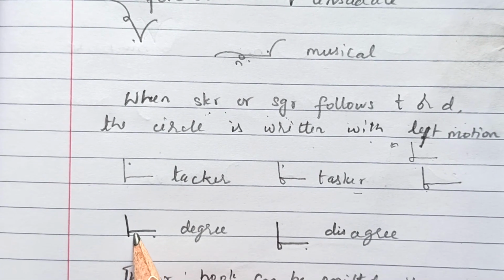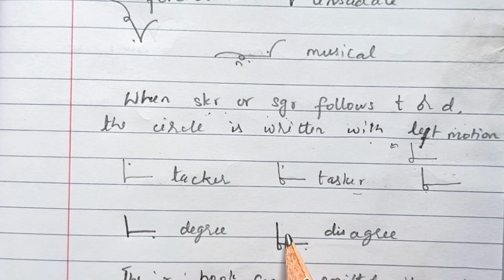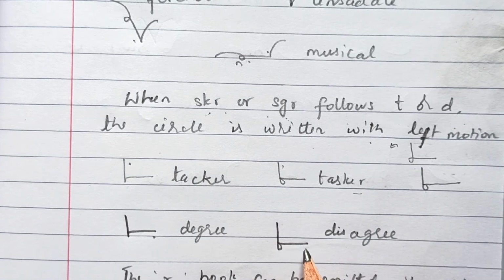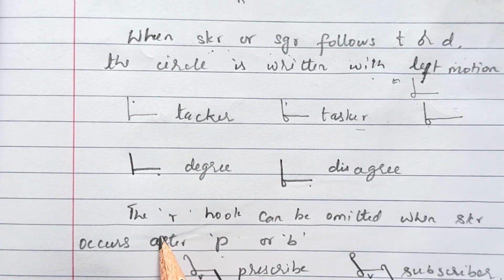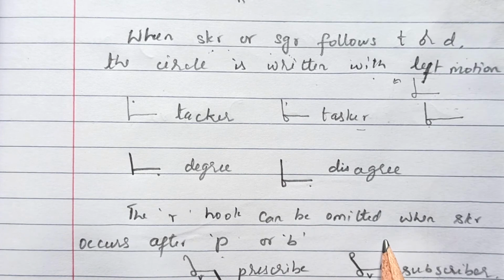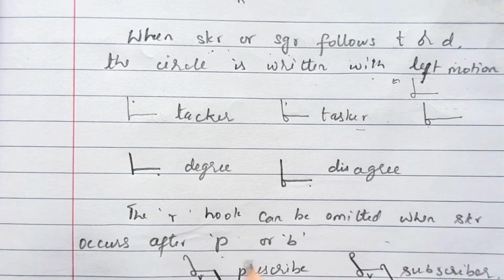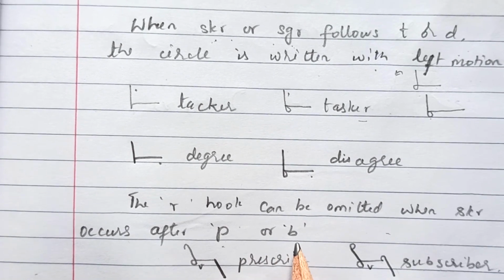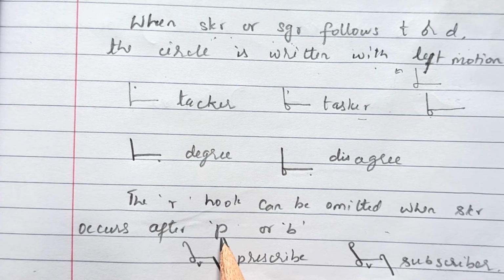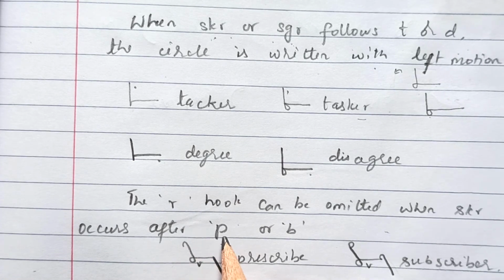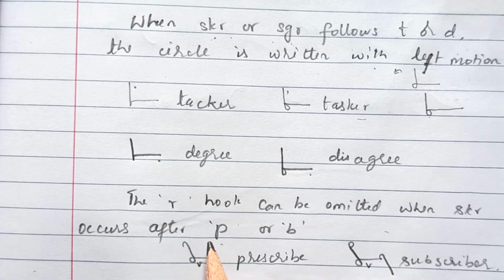Then degree, degree, and this disagree, disagree. And in cases where the R hook can be omitted, when SKR occurs after P, R, B. So when there is no possibility of writing the R hook for P and B, there we can omit the hook.